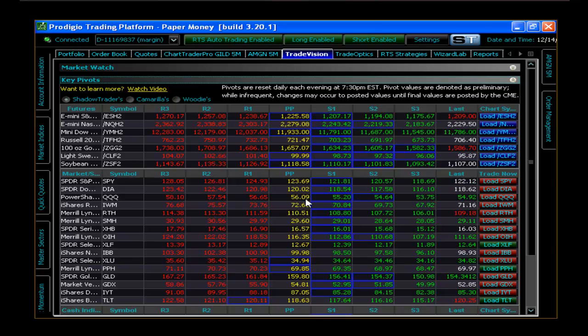But Trade Vision, the idea is scanning the market for opportunity. And we've created a system that ties in with the quotes tables. It ties in with the Wizard Lab back-end systems. And we have this entire network of scanning that we kind of converge into your specific scanning criterion.